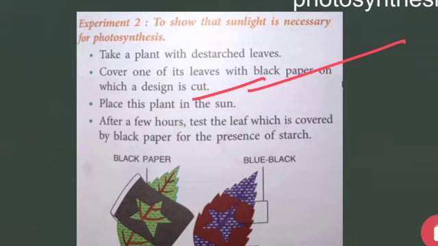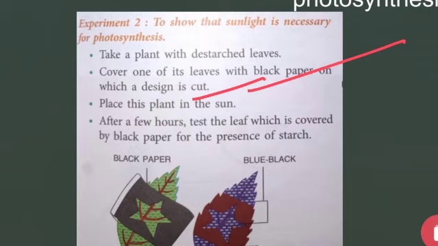Black paper is used so that light cannot penetrate through it and cannot reach the surface of the leaf. Now we place this plant in the sun.